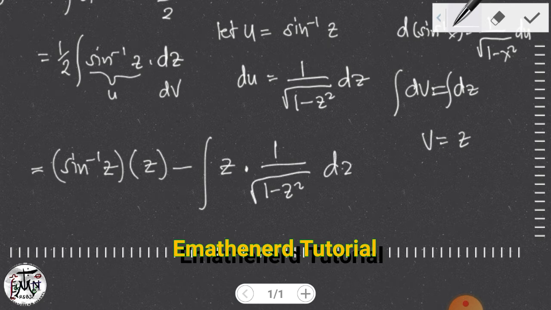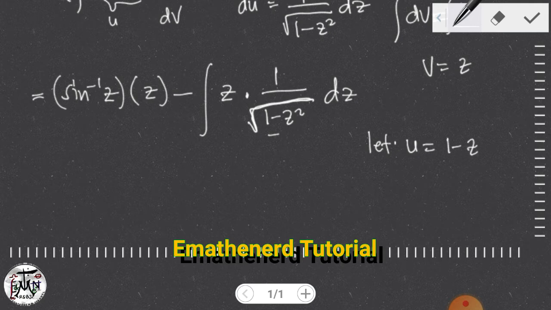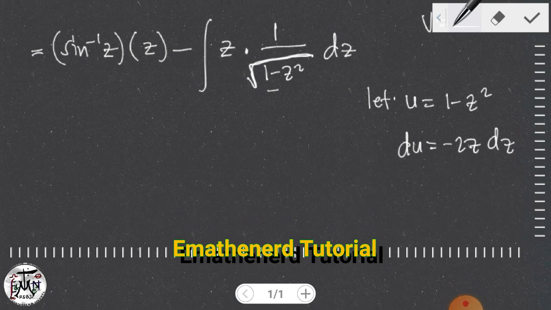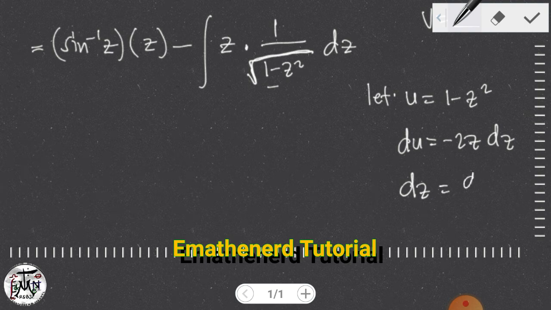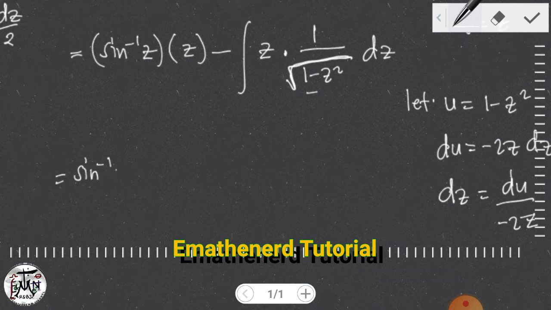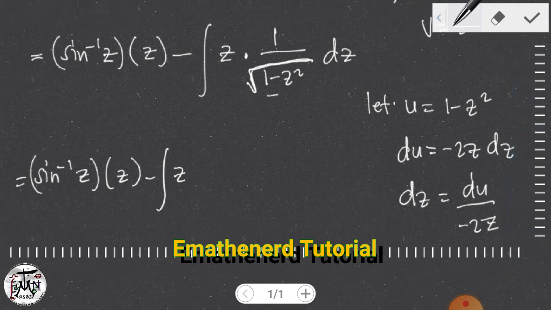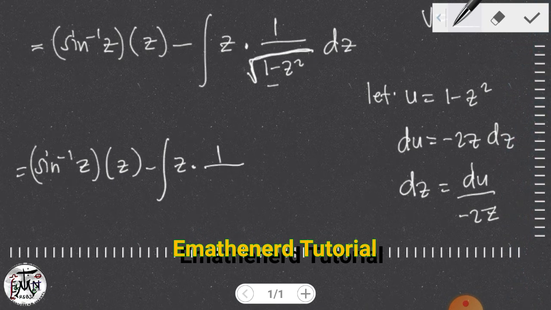Now let u be 1 minus z squared, and du is negative 2z dz, so dz is equivalent to du over negative 2z. That gives sine inverse z times z minus the integral of z times 1 over the square root of u, with dz replaced by du over negative 2z.